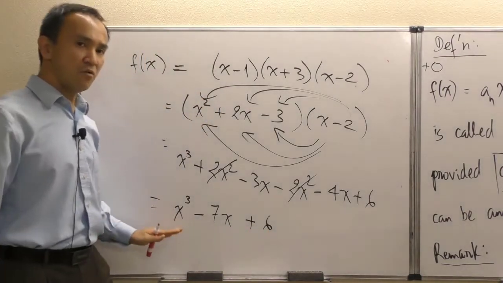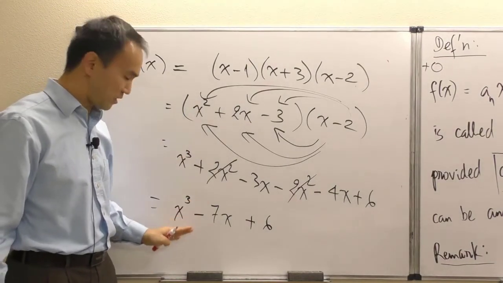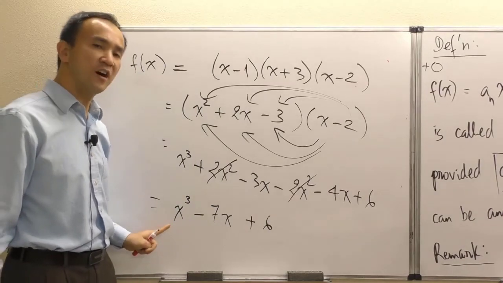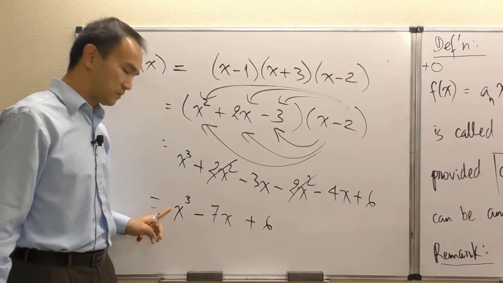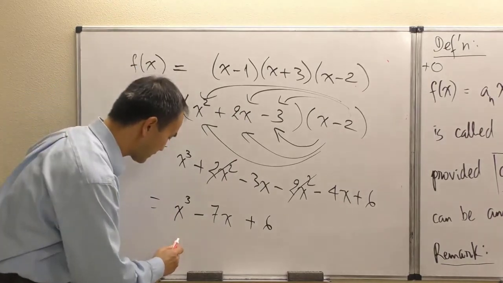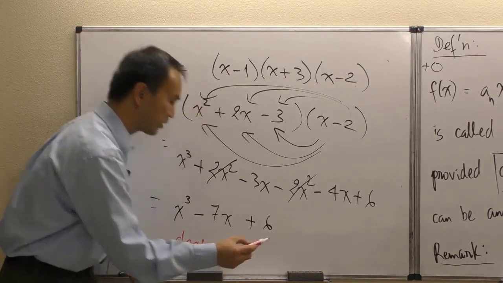And so once we have put our polynomial in expanded general form like this, it's easy to find the degree of this polynomial. It's degree 3. Okay, it's a degree 3 polynomial.